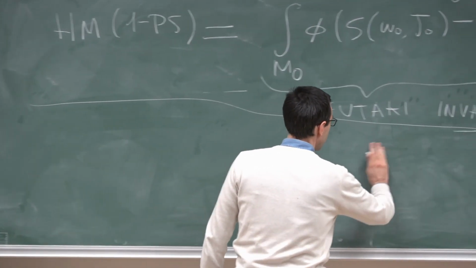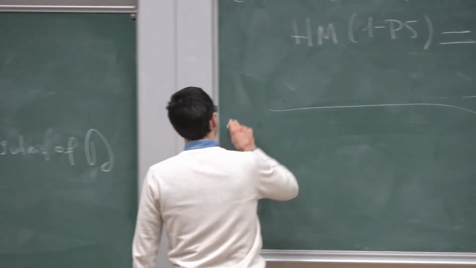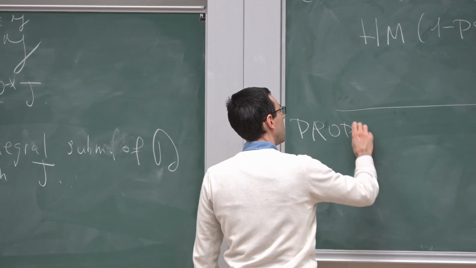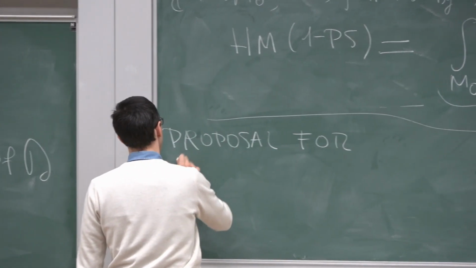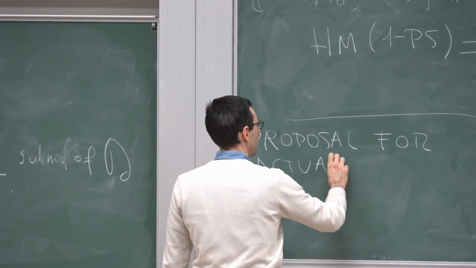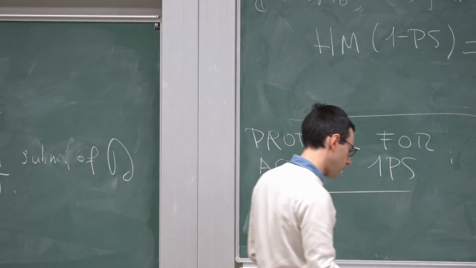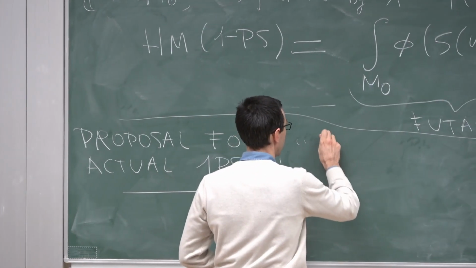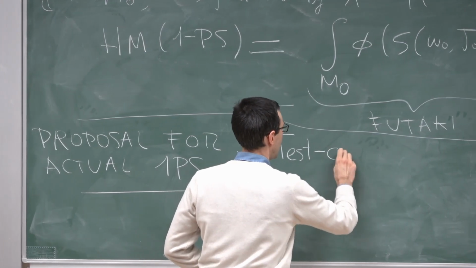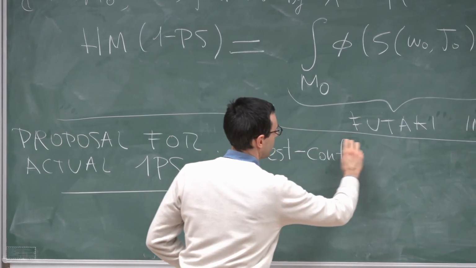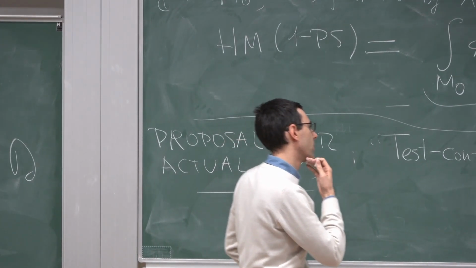One proposal is this original version of K-stability, a proposal for the actual 1PS that you need to test for. These are what are called test configurations in this area, but in reality they are just a certain kind of one-parameter degenerations.